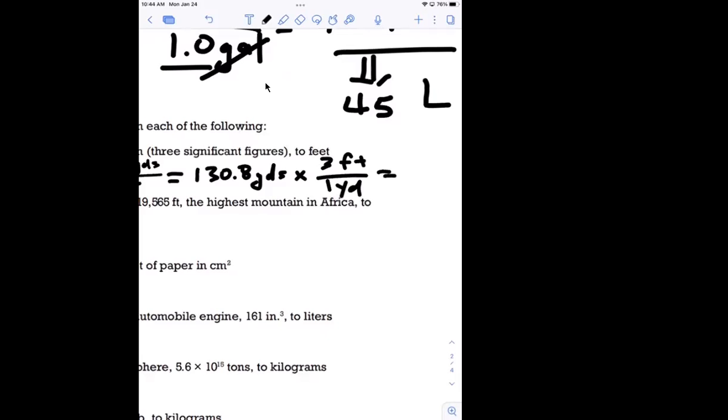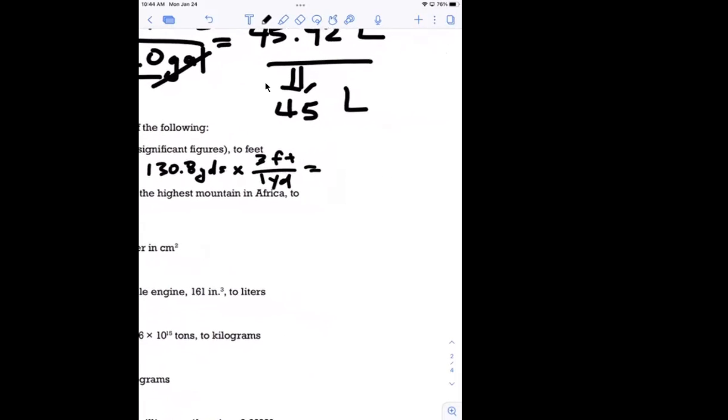All right, and again, this calls for multiple conversions. There's another conversion that you can use, but we're going to use this. So somebody calculate that.